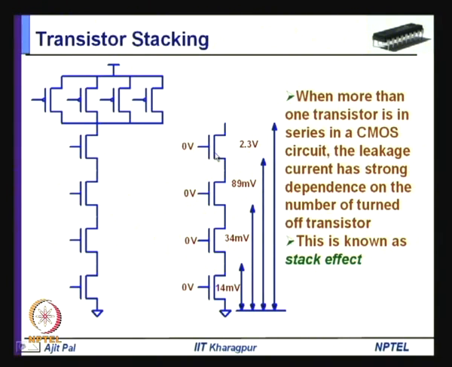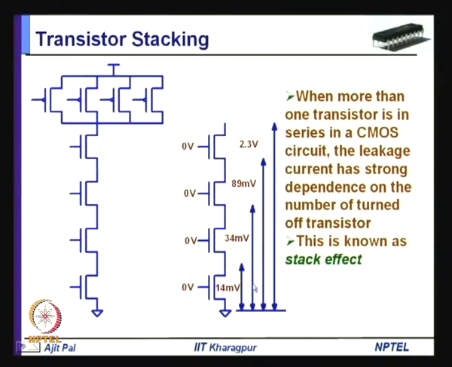In such a situation all these NMOS transistors are off, however, all the PMOS transistors will be on. So, when all the PMOS transistors are on and all the NMOS transistors are off, you can see although these transistors are off, some small amount of leakage current will flow.